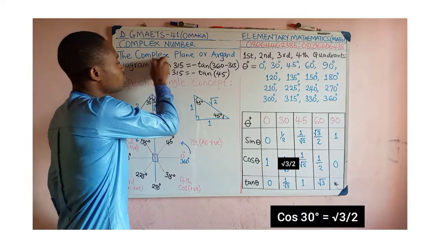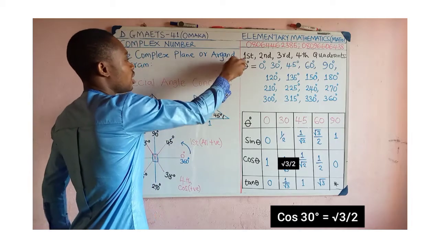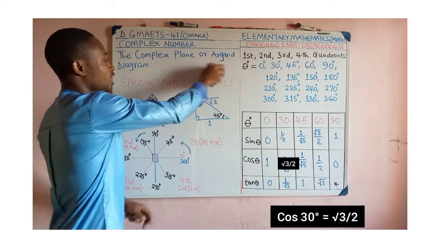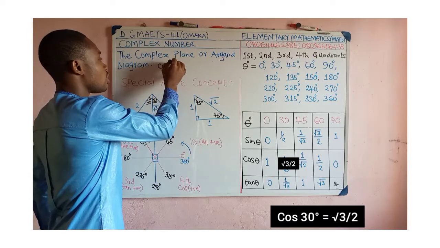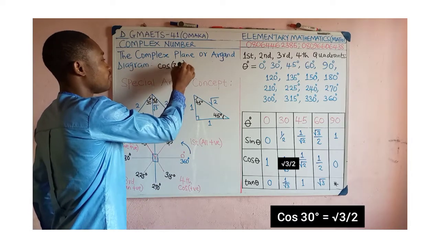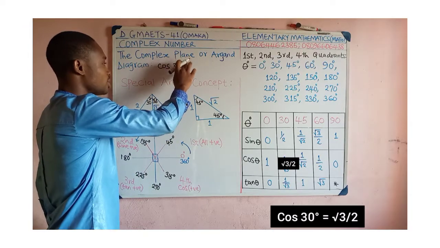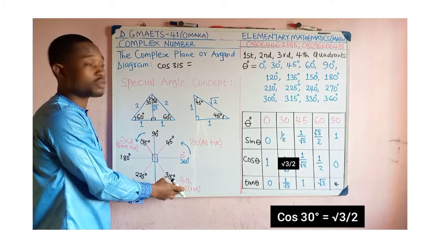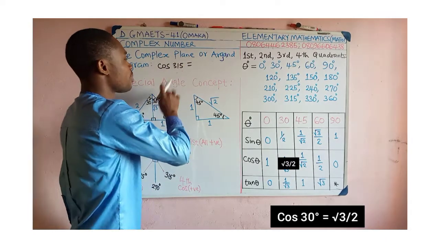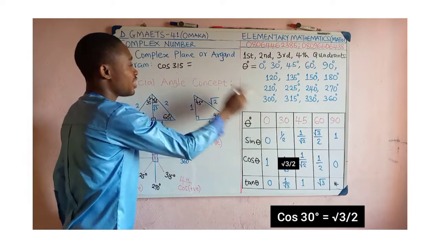Alright. Can we round off with evaluating cos 315? Cos 315 will be equal to, once again, 315 is in what quadrant? It's in the fourth quadrant, and there cos is positive, so the result we're going to get here is positive. But I have to convert this 315 to an angle in the first quadrant so I can easily get a value.